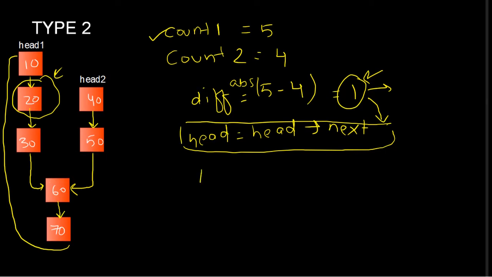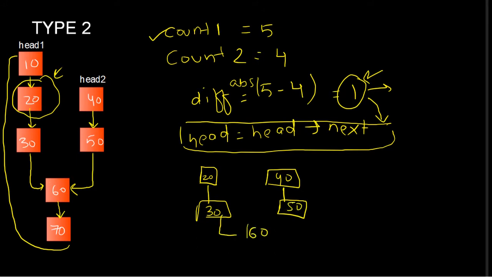Now check how our linked list is looking now. This is my 20. This is my 30 here. This is my 40 and this is my 50. Now it is 60 here and then 70.